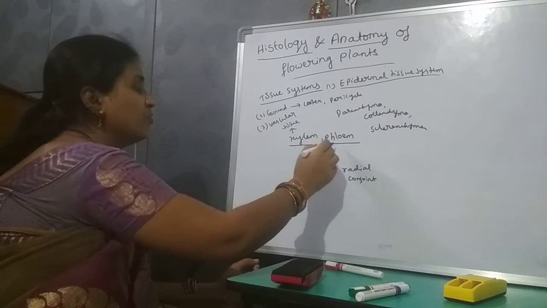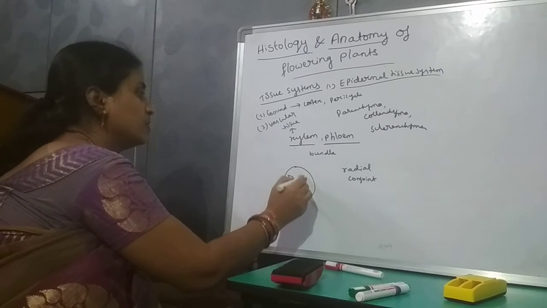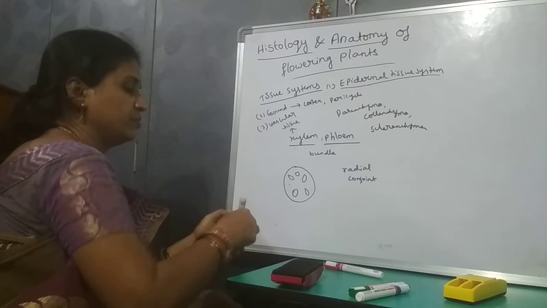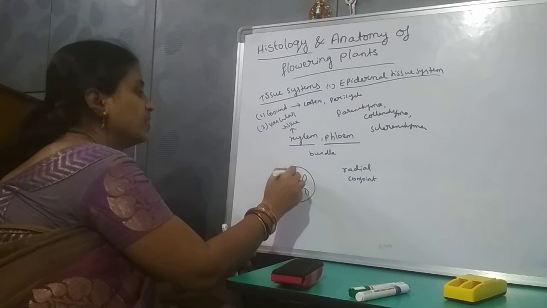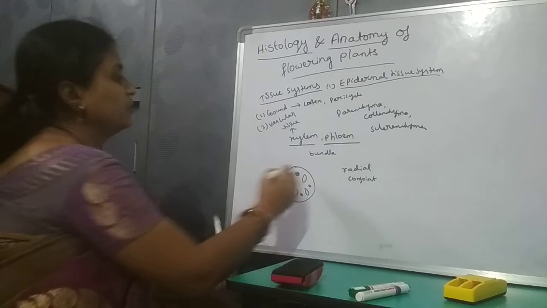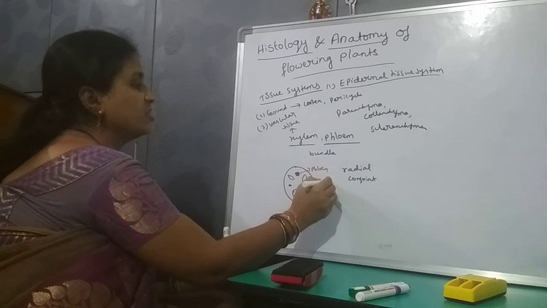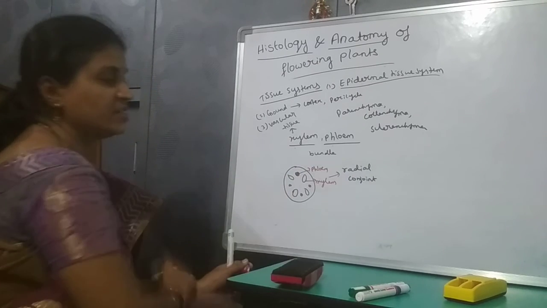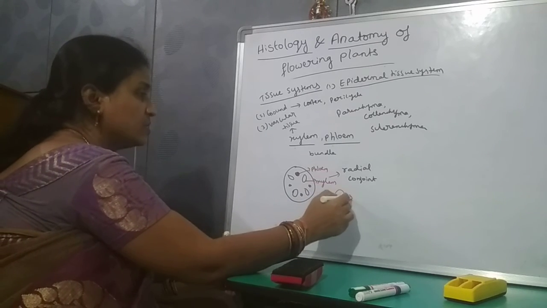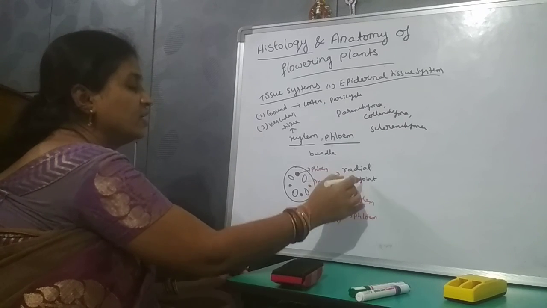When xylem and phloem are present on two different radii, this is phloem, this is xylem, such vascular bundles are called as radial. They may be present one above the other. This is xylem, this is the phloem. Such type of vascular bundles are called as conjoined.